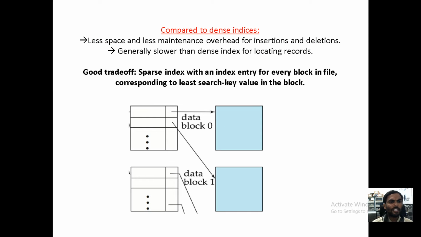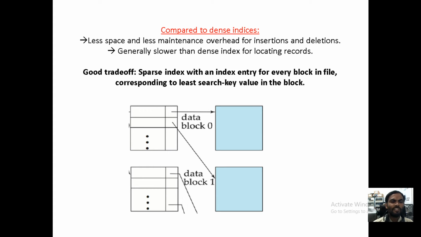Now if you compare the dense index and the sparse index: under the dense index there is less space and less maintenance at the time of insertion and deletion. Coming to the sparse index, there is less space and less maintenance under the sparse indices. Generally it is slower than the dense index for locating the records.